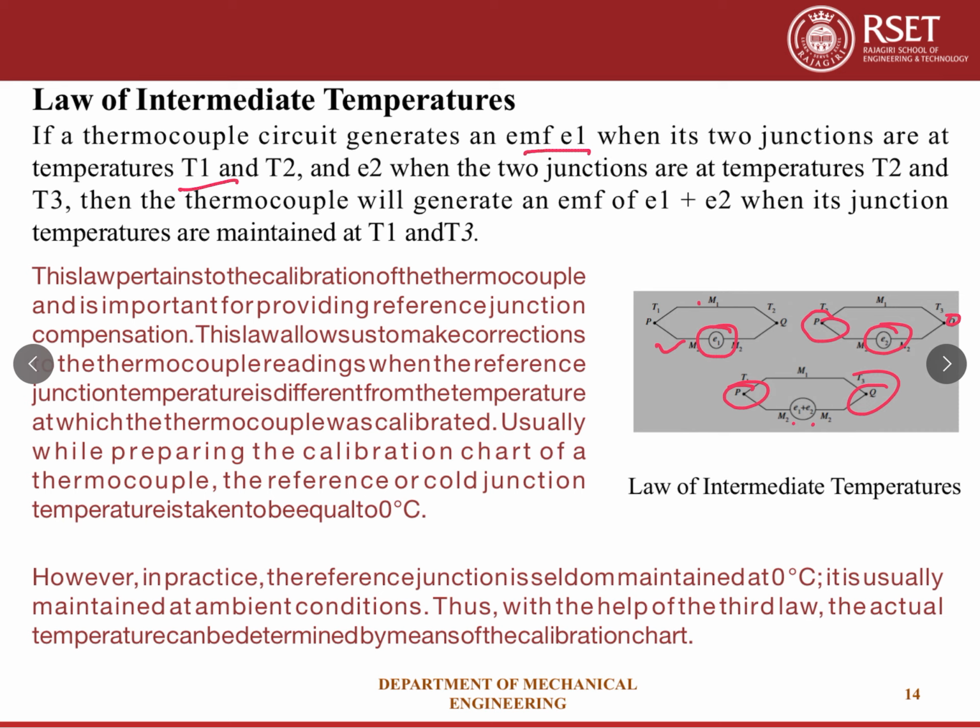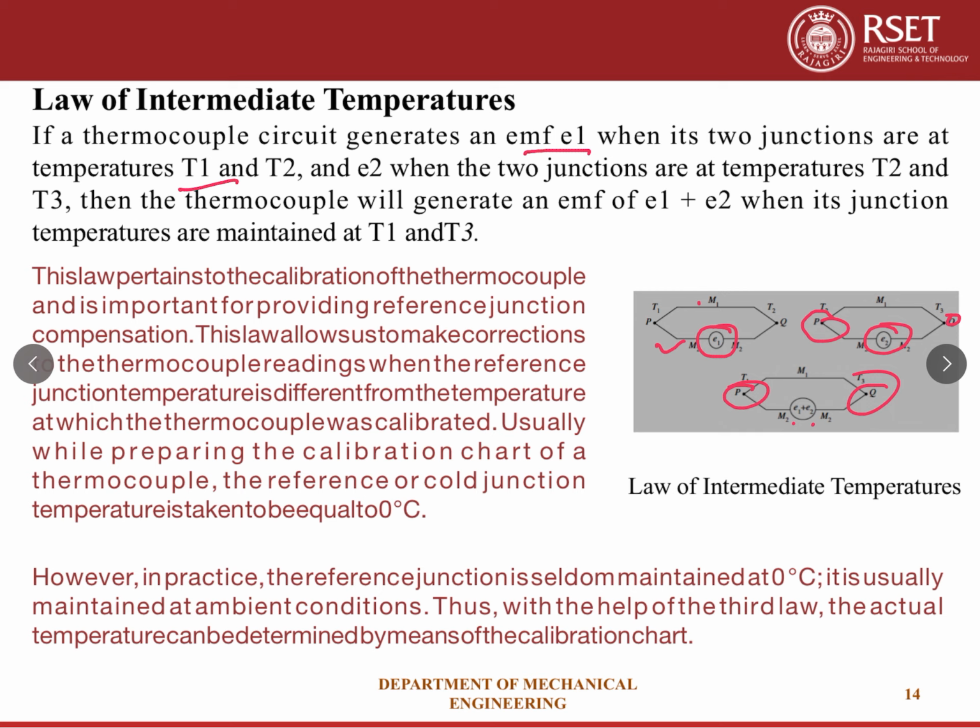This law pertains to the calibration of the thermocouple and is important for providing reference junction compensation. It allows us to make corrections to the thermocouple reading when the reference junction temperature is different from the temperature at which the thermocouple was calibrated. Usually, while preparing the calibration chart of a thermocouple, the reference or cold junction temperature is taken to be equal to 0 degrees Celsius.